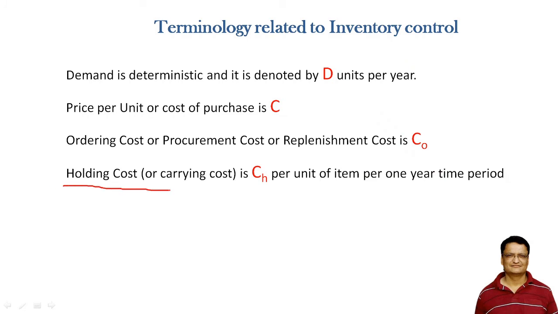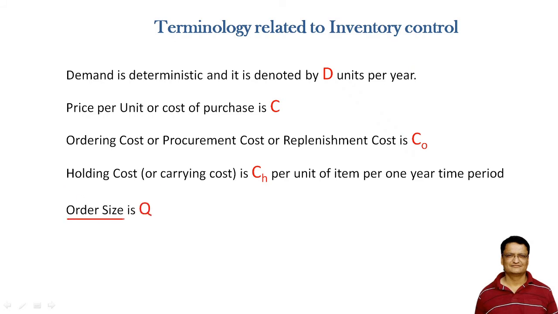Then there is a holding cost or carrying cost per unit atom over a 1 year time period. So what is this holding cost? As you make a stock of atoms, you may have to go for a warehouse, you may have to make certain arrangements to store the atom, and that will cost you, and that cost is considered as carrying cost or holding cost.